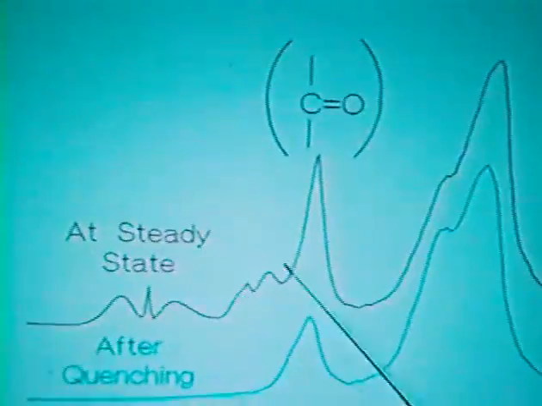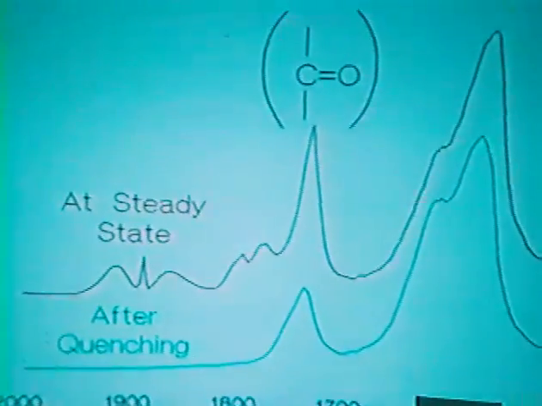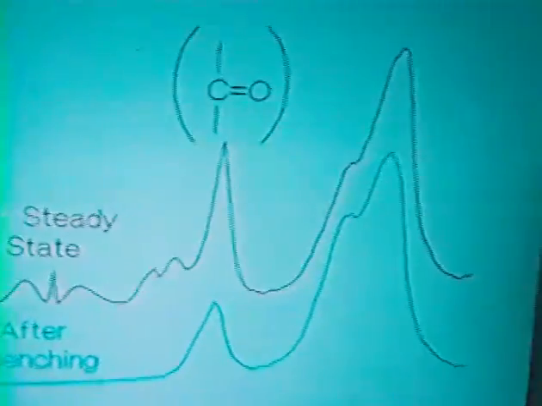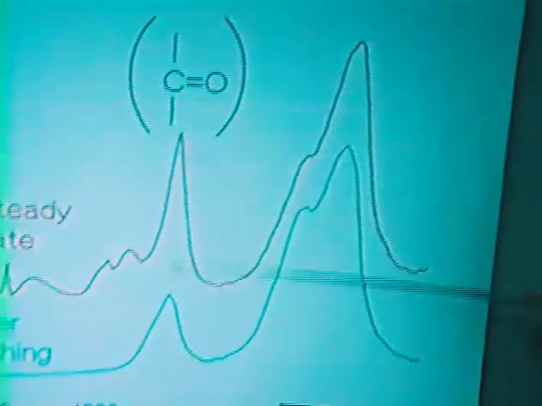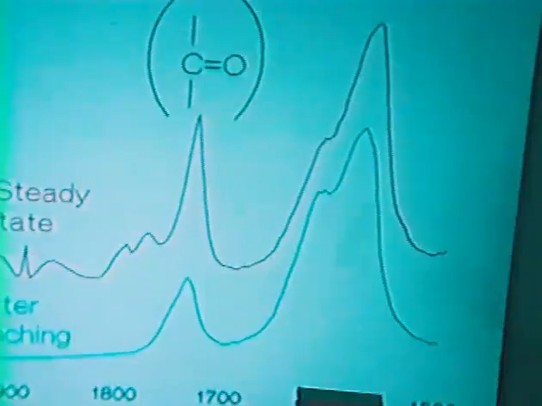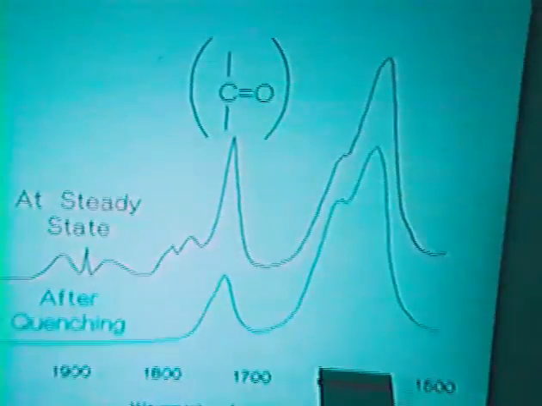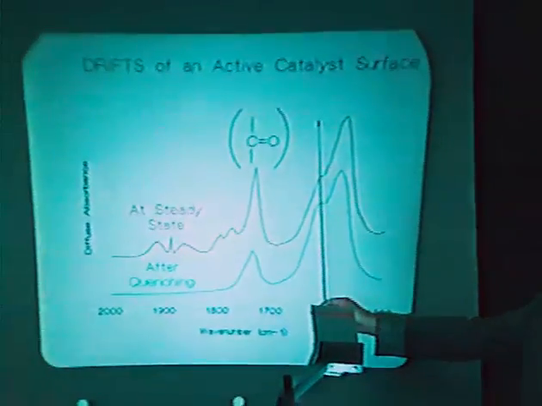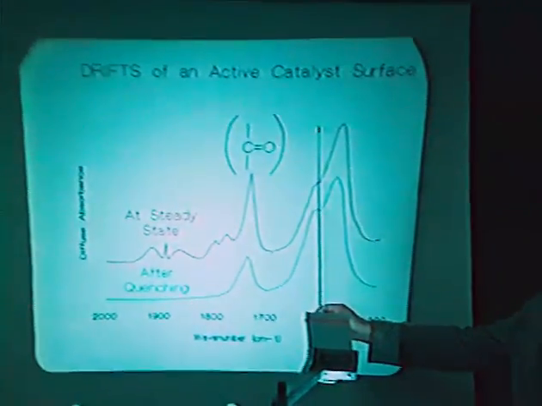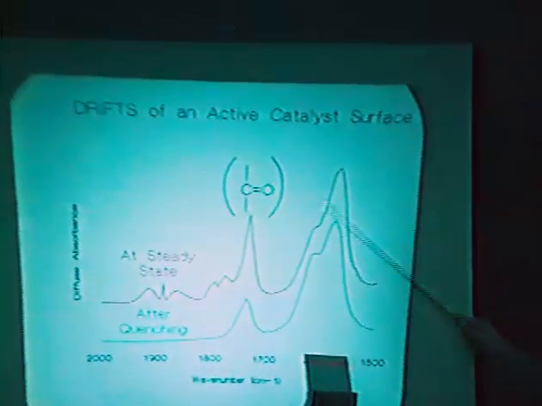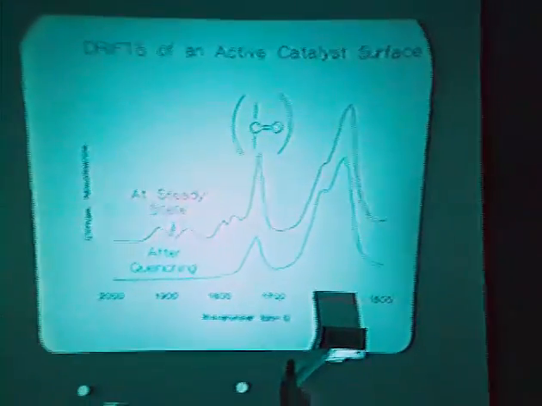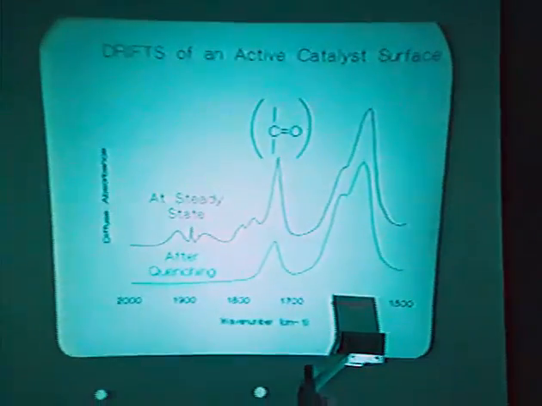The two smaller ones are due to the gas phase monomer. This larger band is due to the gas phase dimer and also a surface phase component. What's interesting is as we go through under steady state, we see this band grow in, and this is palladium acetate, which gets larger and larger as we run the reaction longer. And this larger band right here is due to our growing potassium acetate phase.